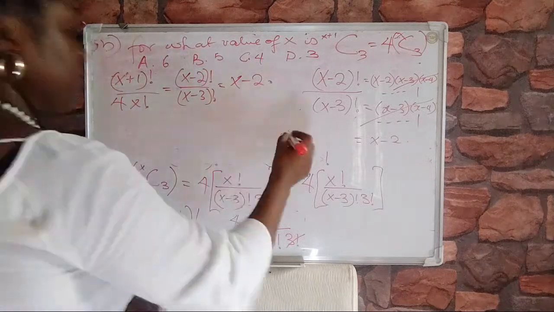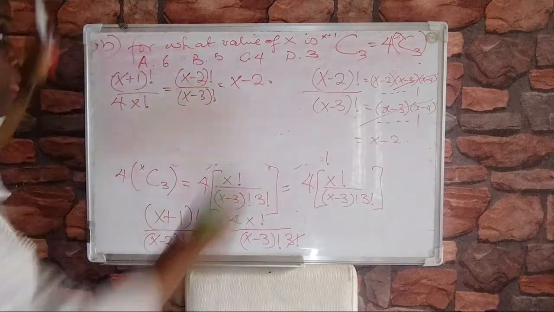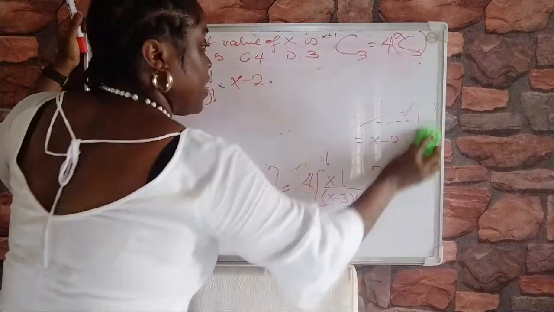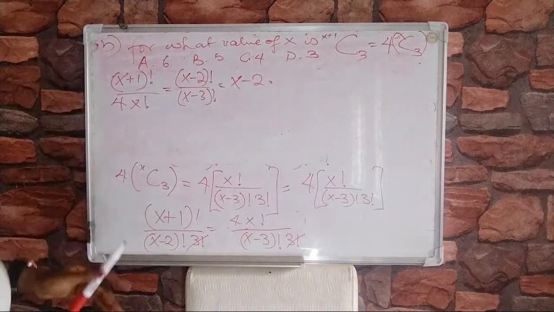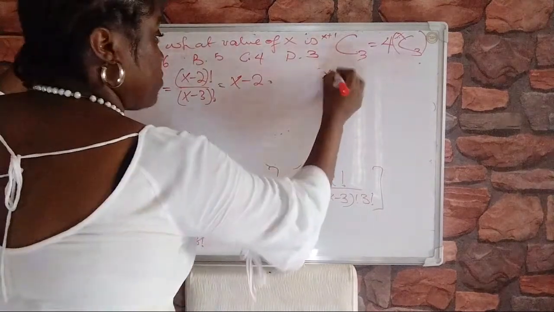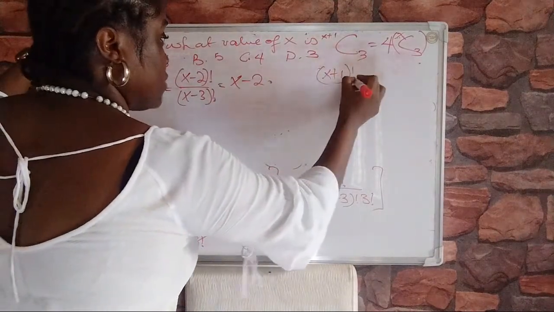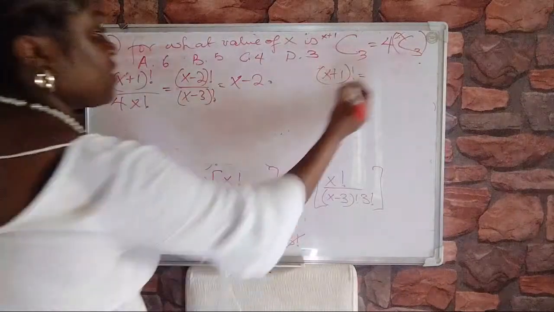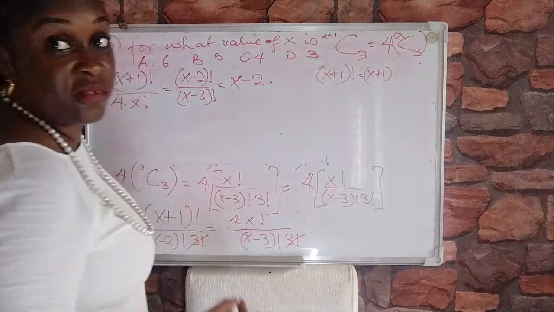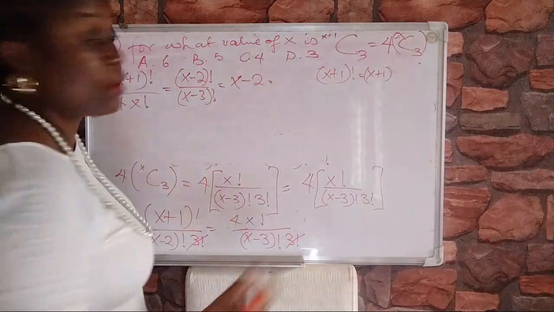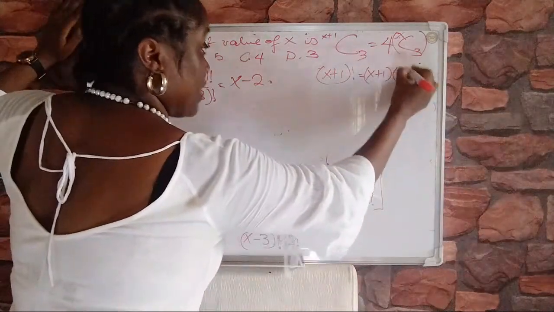Now, let's simplify it over here. Now we have (x plus 1) factorial, right? Let's expand it. So it will be x plus 1. Remember, that's the first thing we are multiplying. x plus 1 times x.